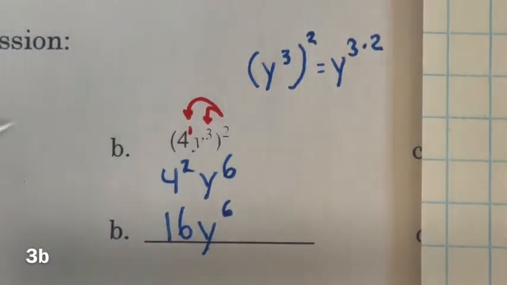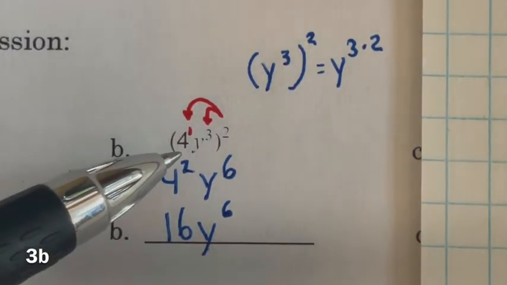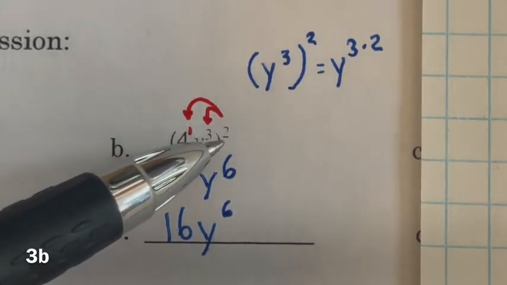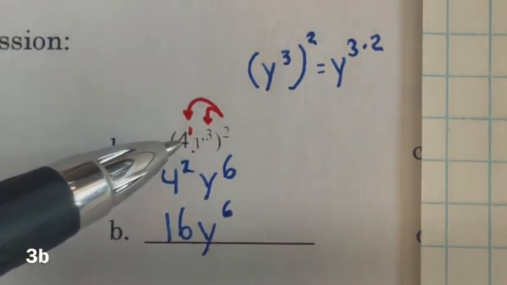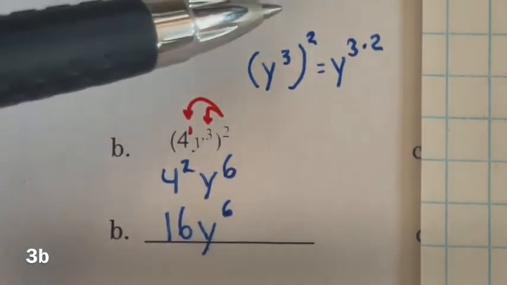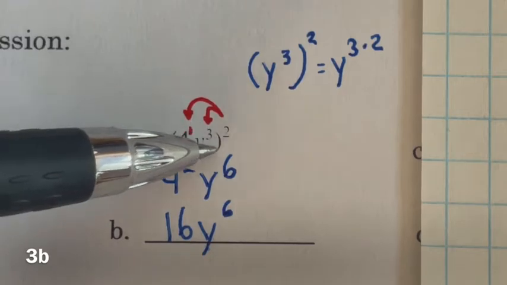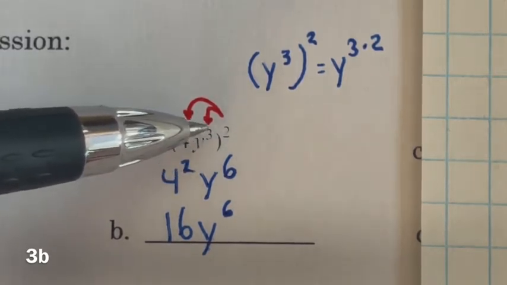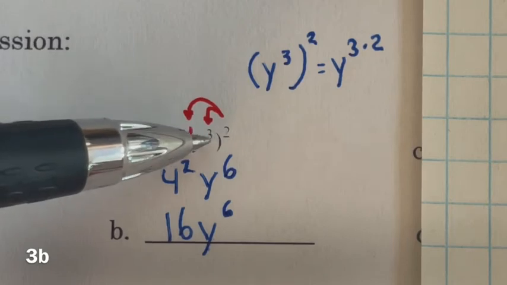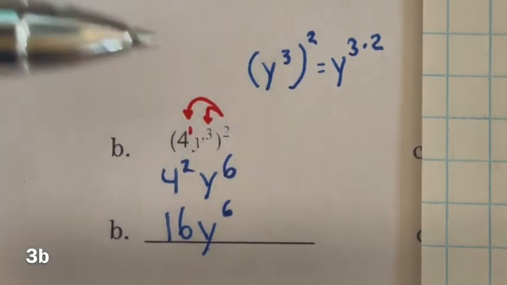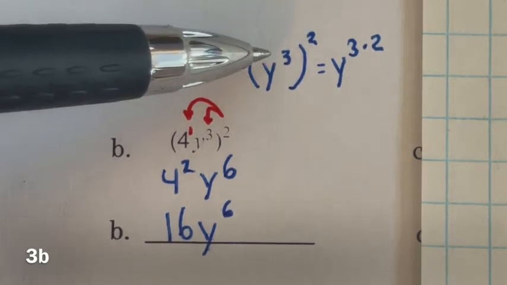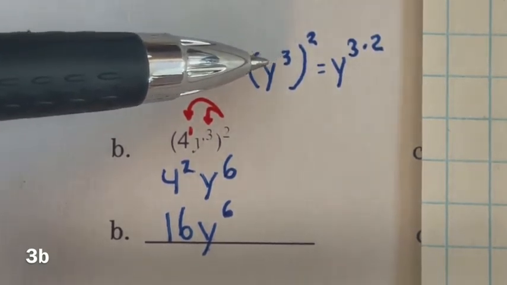Problem 3b, I have 4y to the third, all to the 2nd power. When you have a power raised to a power, the rule is you multiply. The way I always remind myself is, this exponent smashed up against parentheses reminds me to multiply. So power raised to a power means I have two groups of y to the third.